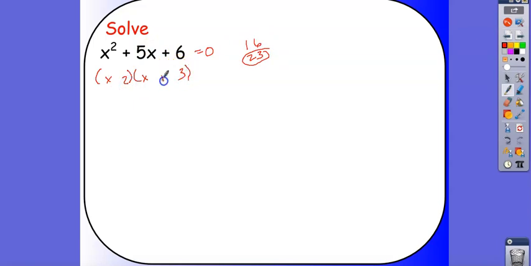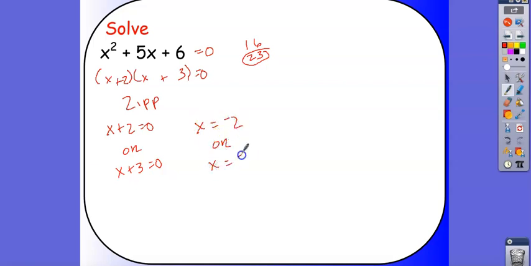And it's a plus plus. I'm going to zip it. And I'm going to say x plus 2 equals 0, or x plus 3 equals 0. So x has got to equal -2, or x has got to equal -3.